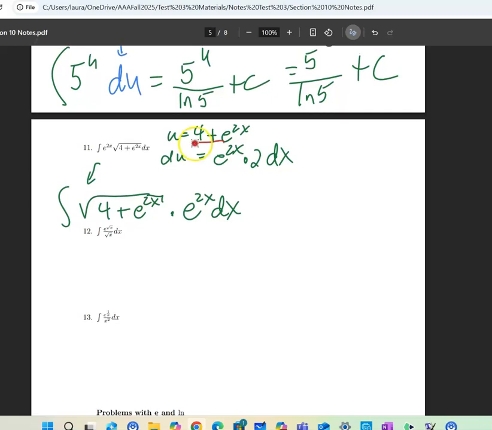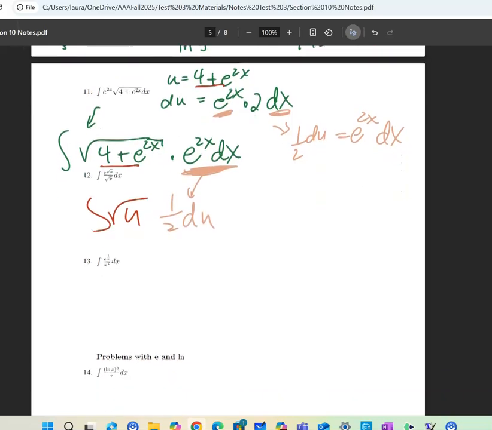So I know that this goes in here, so this is root u. Now I'm thinking, e to the 2x dx. So if I take this and multiply both sides by 1/2, I can take out e to the 2x dx and put in 1/2 du.